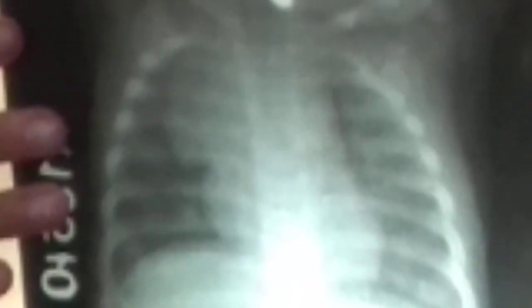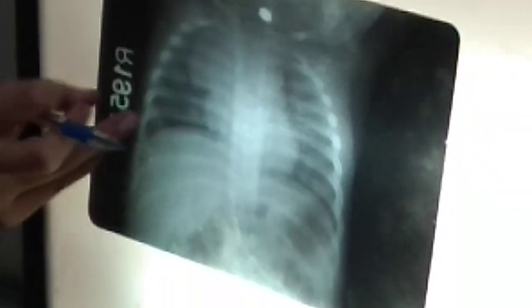Yes, this is a chest X-ray. Any disease? No, the thymus is normal. Thymus is normally seen in the infant age group. It's not a disease.